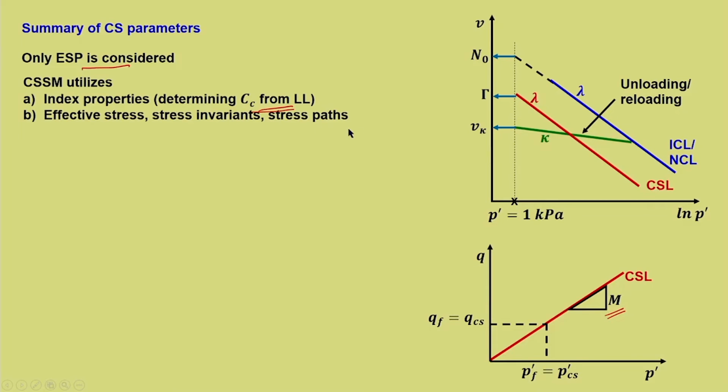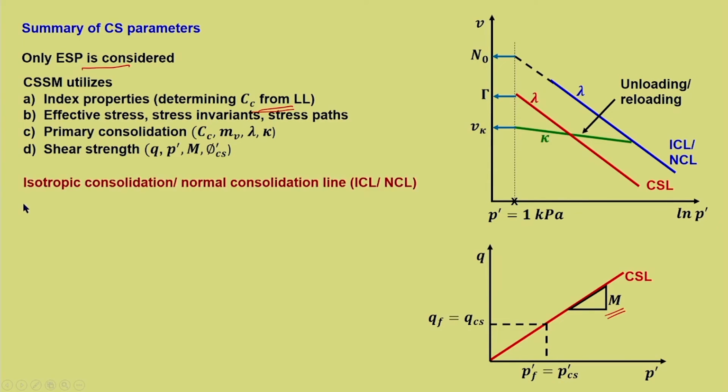The primary consolidation data, that is Cc, Mv, lambda and kappa. Shear strength Q, P dash, capital M and phi dash cs. All these we have discussed, and the critical state framework utilizes these properties.